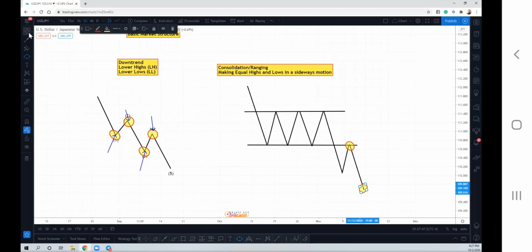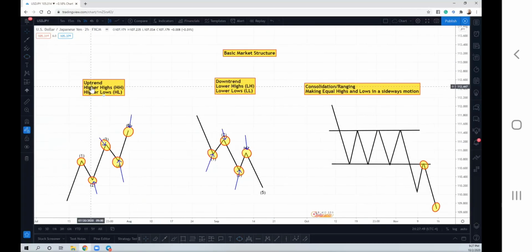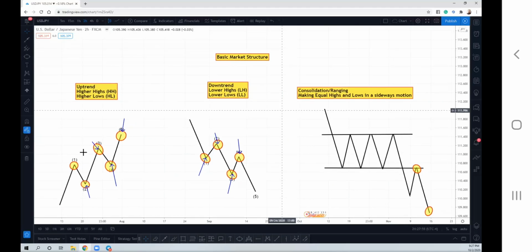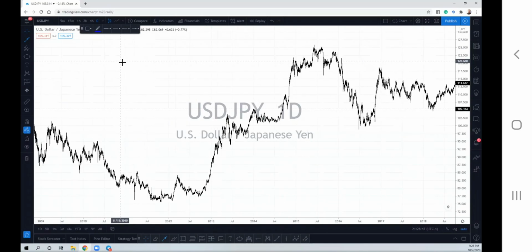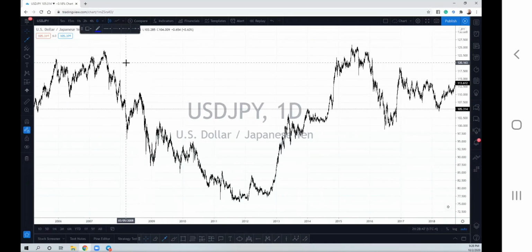So now let's see how these three markets actually view in the chart. So here is an example of a downtrend, okay? And I'm going to use arrows to guide you on where these lower highs and lower lows are, all right?